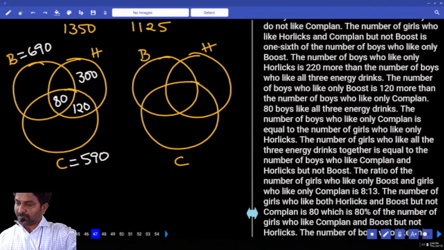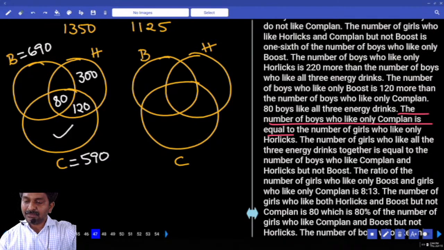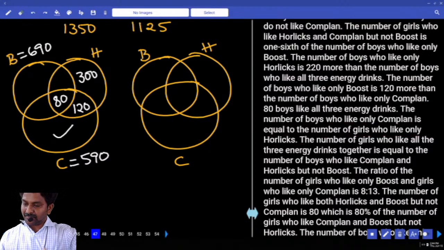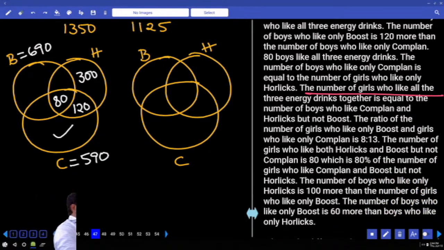Now continue. The number of boys who like only Complan, tick mark, is equal to number of girls who like only Horlicks. We don't have it. Continue. From now onwards, every time I think they are talking about girls, right? But we need information regarding boys.